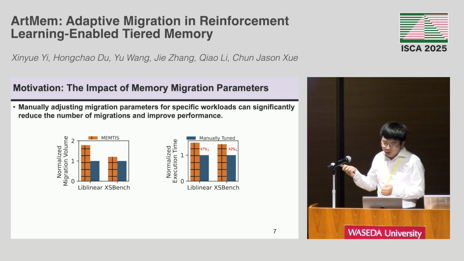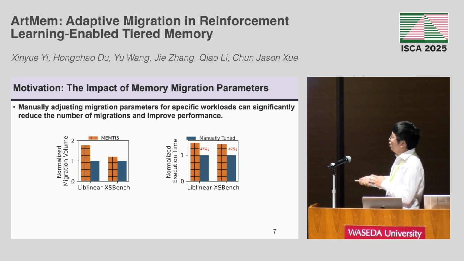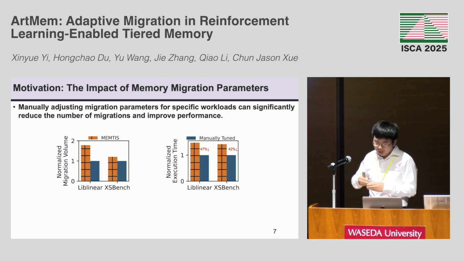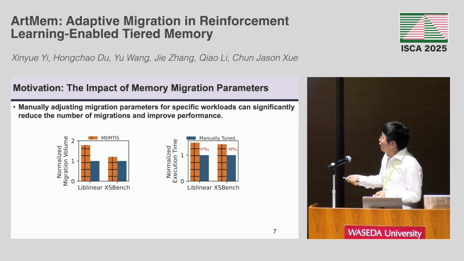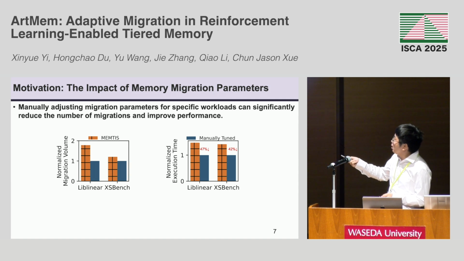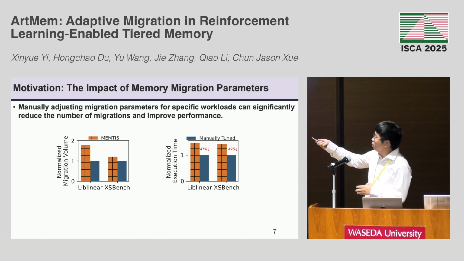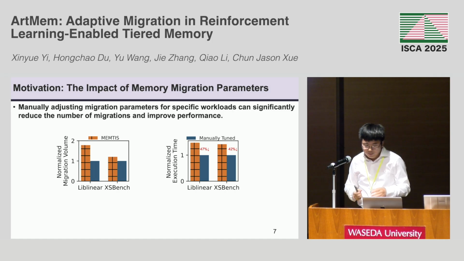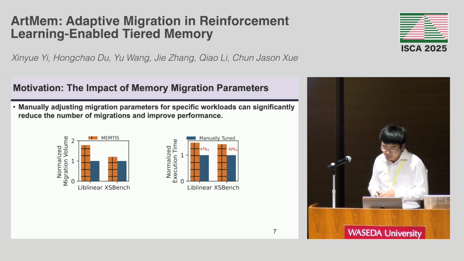We also found that manually adjusting these migration parameters for specific workloads can dramatically improve performance. For example, when we manually tune the MemTis hotness threshold for these two workloads shown here, we reduce migration volume and the execution time significantly.